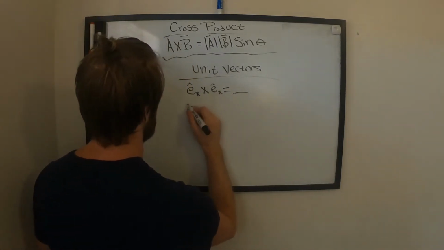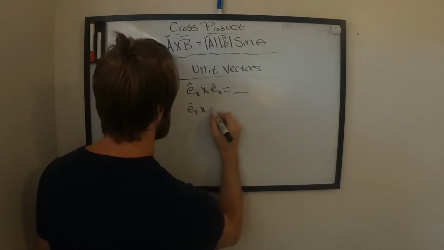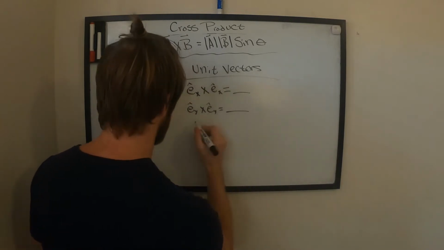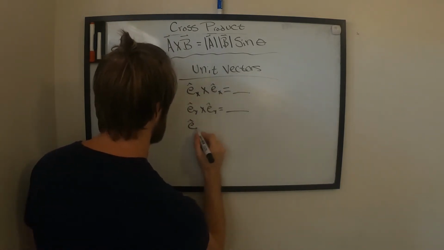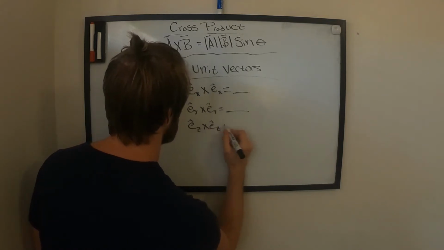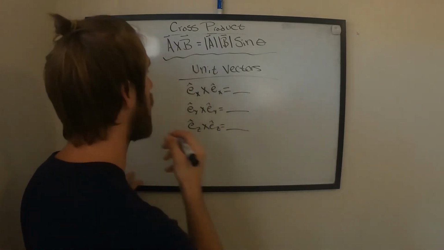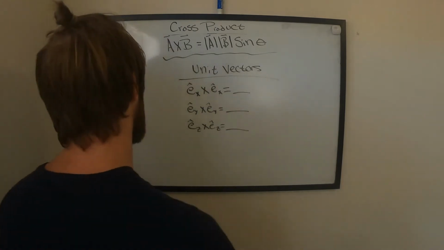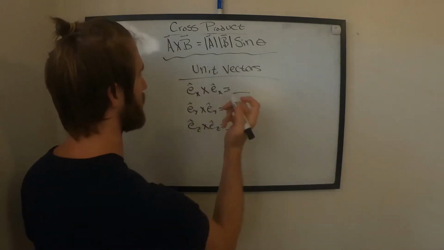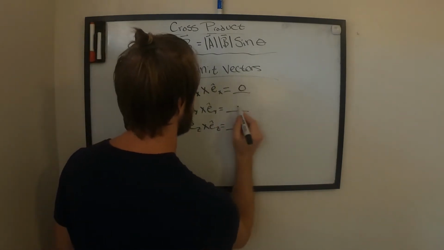We're going to have e hat sub y cross e hat sub y equal to some value, and e hat sub z cross e hat sub z is equal to some value. Now, what will that value be? Well, you have two unit vectors both facing the same direction, and they will all be 0.